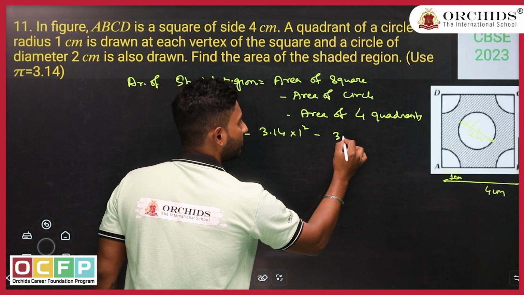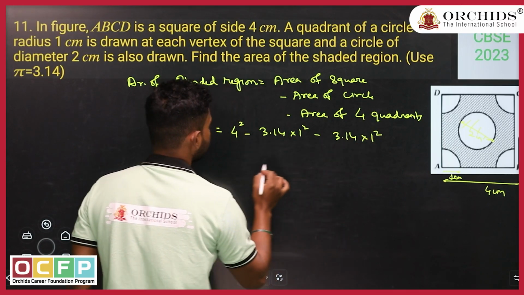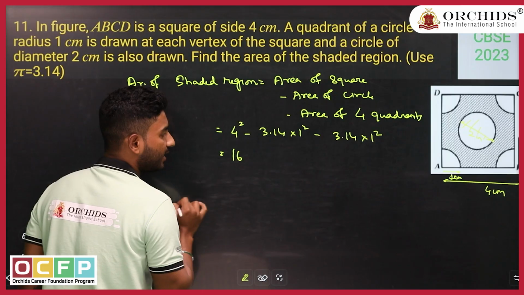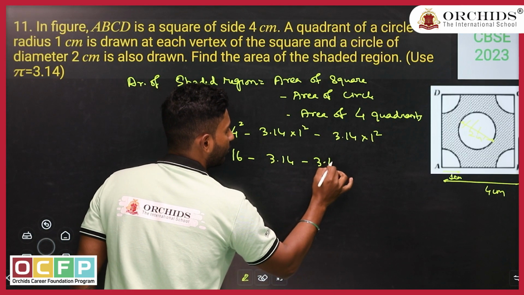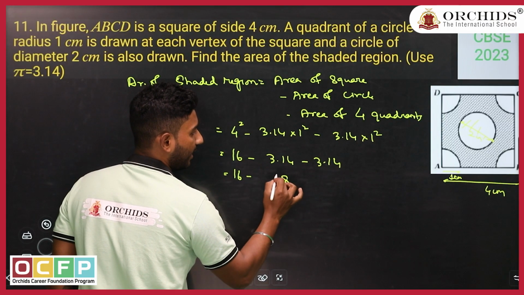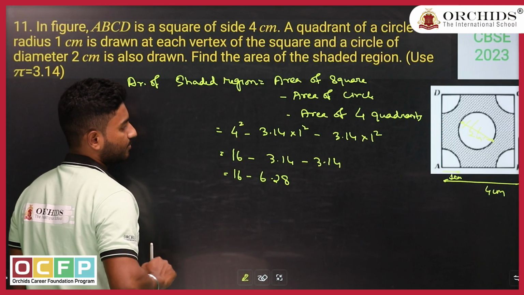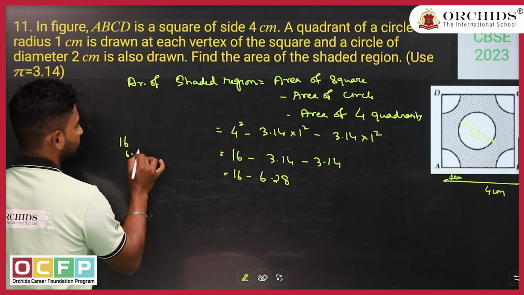Again 3.14, radius is 1, so 1 square. So we have 16 minus 3.14 minus 3.14. So it's basically 16 minus 6.28. We just have to subtract to get the answer.